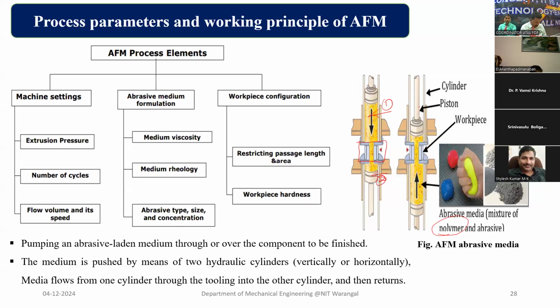So what will happen is the media is flowing downward and upward, and here we have the workpiece, so the media is flowing over the workpiece, right? Because of this movement of the media, the surface of the workpiece is cleaned, and the finish will be there.